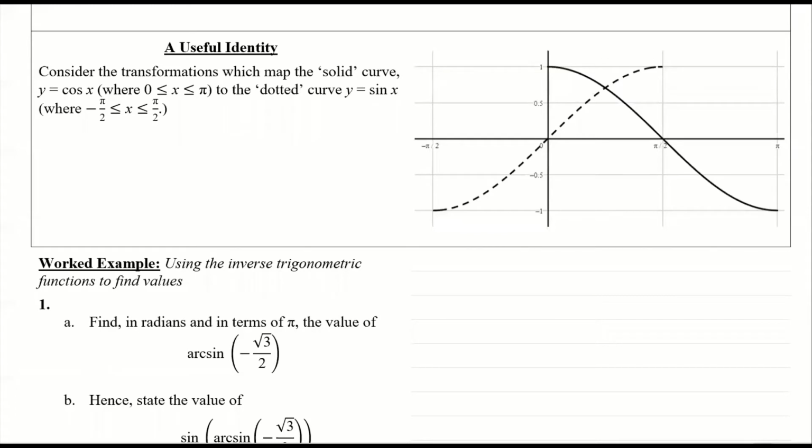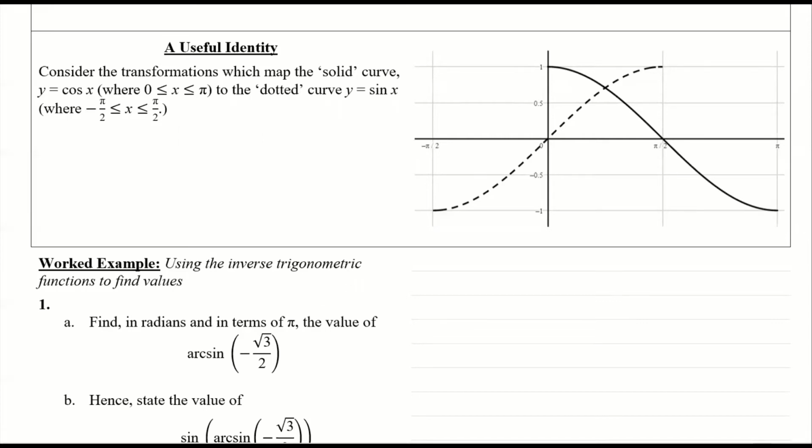Now, here we have what I'm calling a useful identity, useful in the fact that it will be useful in one of the worked examples, and it could be useful in an exam for a similar kind of example, which we'll look at later. So the question we've got here is a transformation issue, isn't it? We've got to get from the solid line to the dotted line.